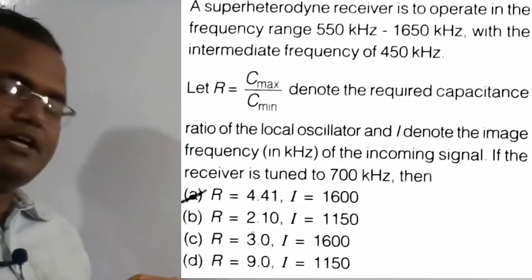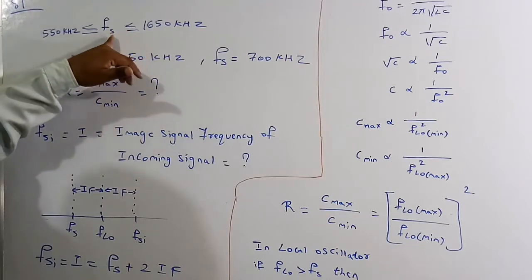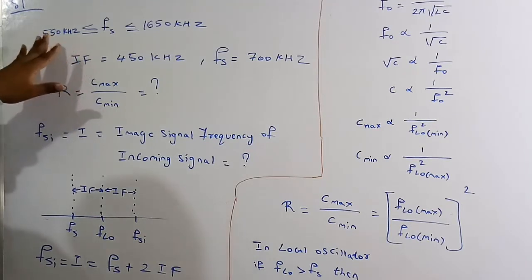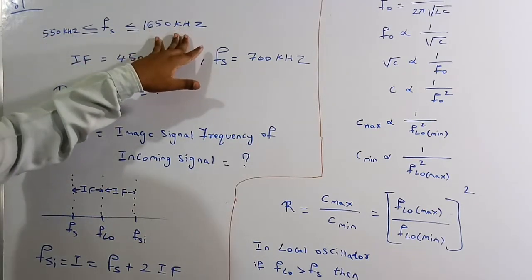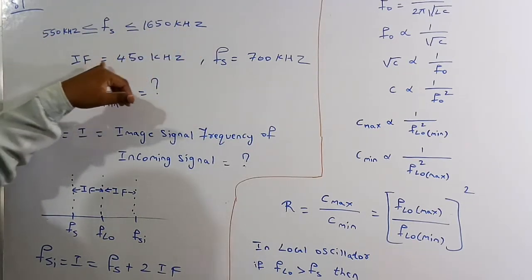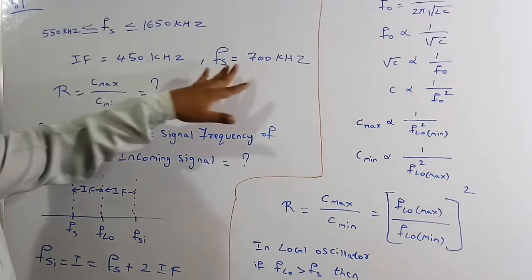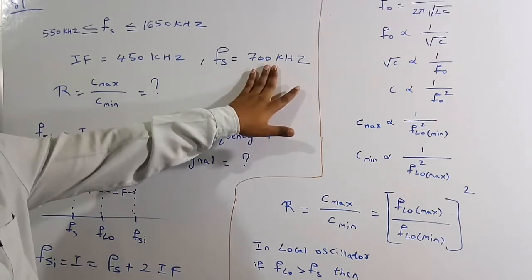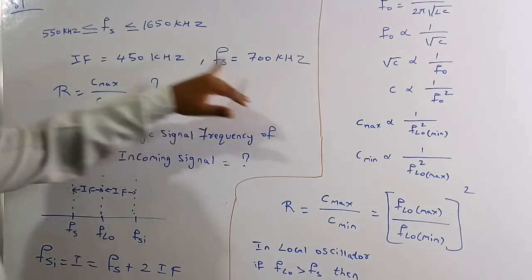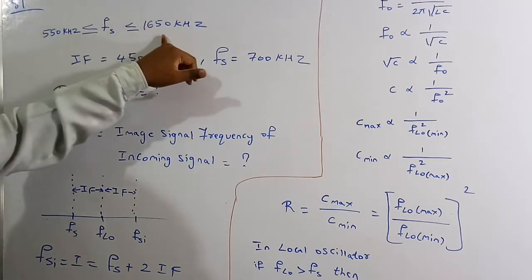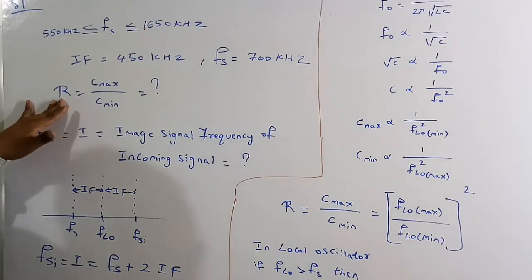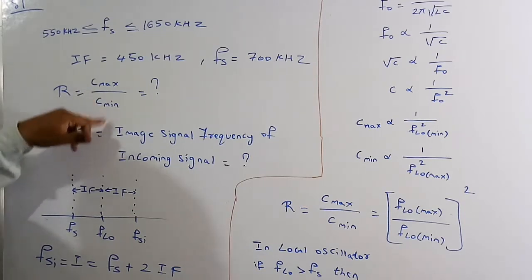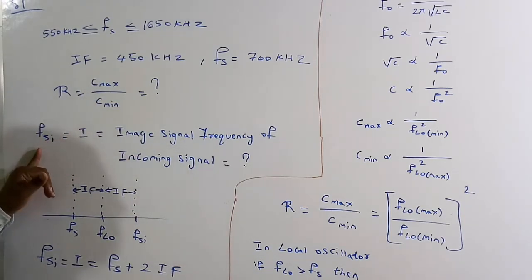So let's solve this numerical. For this superheterodyne, the incoming signal frequency has to lie in this range. In the question the range given is 550 kHz to 1650 kHz, the intermediate frequency is 450 kHz, and the incoming signal frequency is tuned to 700 kHz. This 700 kHz lies between 550 kHz and 1650 kHz, and we need to find R, the ratio of capacitor maximum by capacitor minimum, and also the image signal frequency.